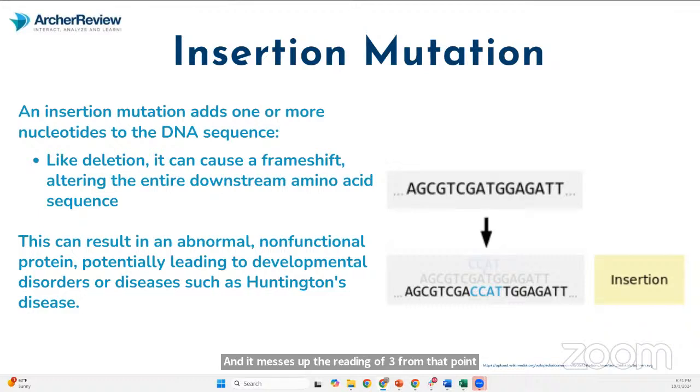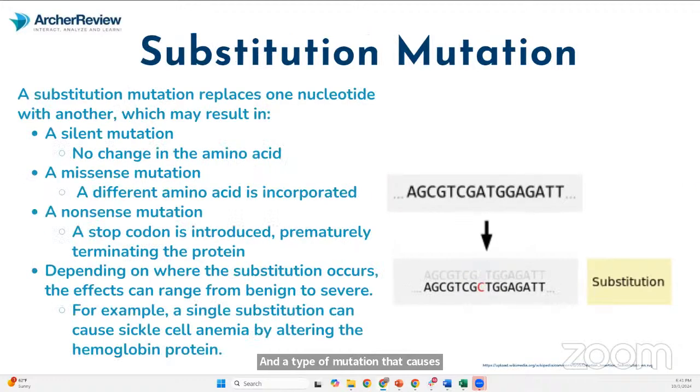And so again, we either end up with a non-functional protein, a messed up protein, or a protein that was stopped too soon before it was fully built. And a type of mutation that causes Huntington's is an insertion mutation.